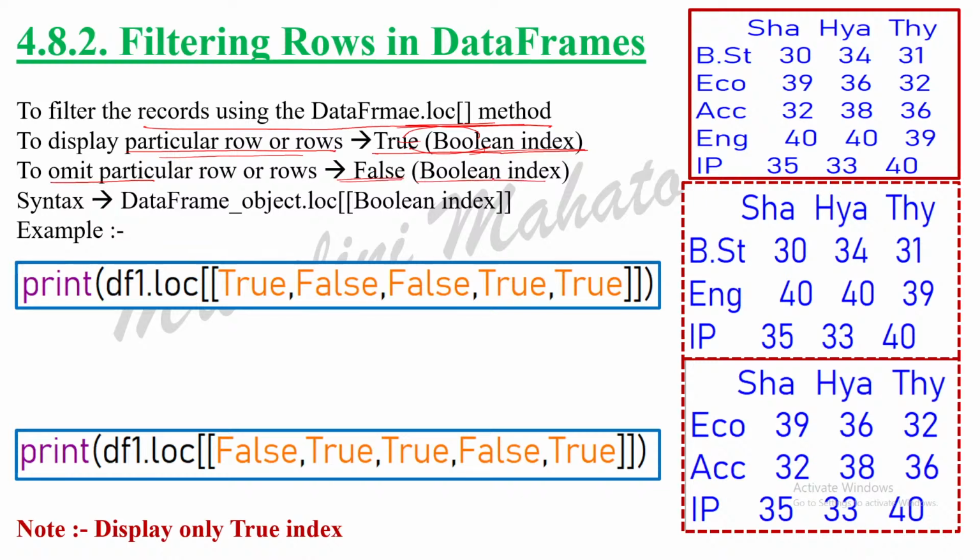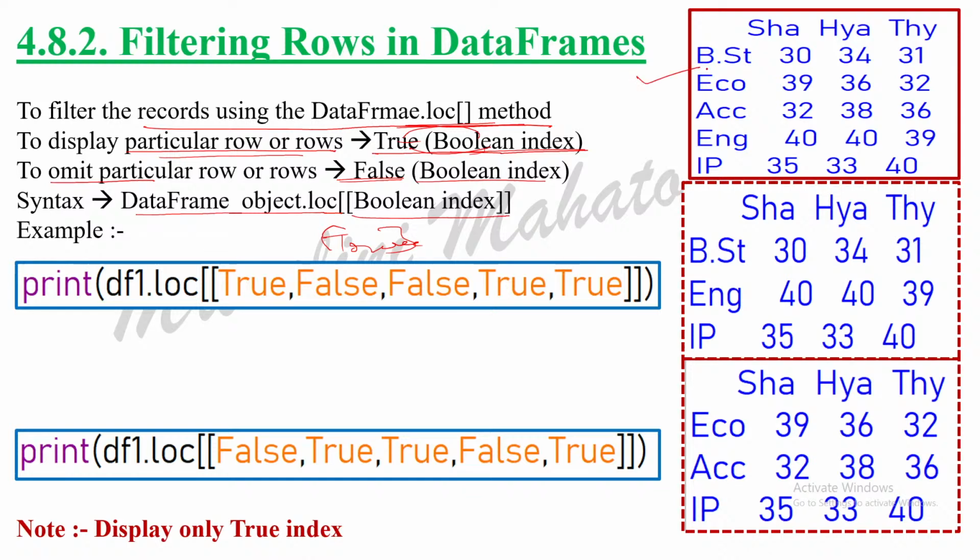So how will you write it? DataFrame object.loc, then in a list we use Boolean indexes. Why a list? Because if you write only one true, it will generate an error. Why does it generate an error? Look, this is our data frame.